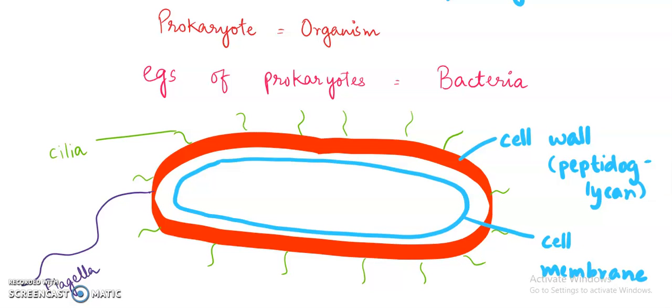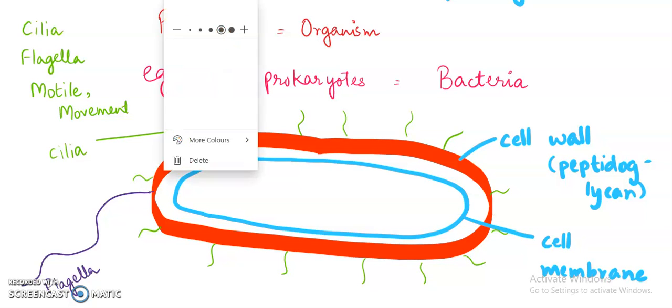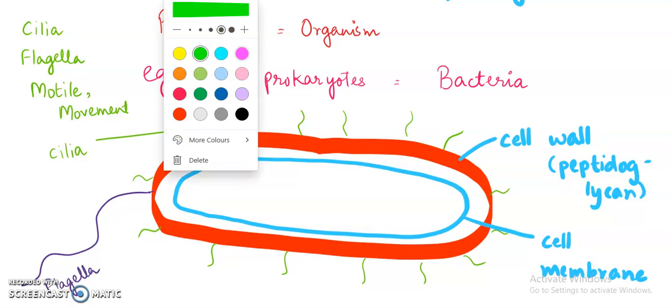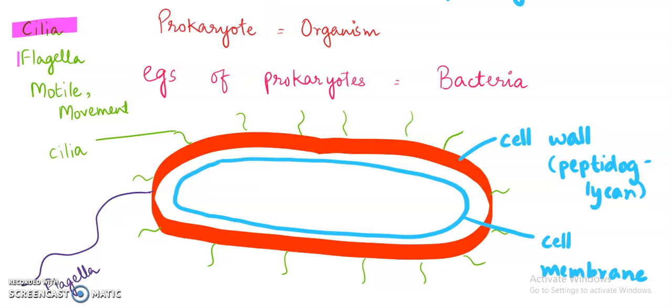Remember, it is very important to learn here that cilia and flagella, in the case of bacteria, they help in making the bacteria motile, means it can do the movement from one place to another, right? So, cilia and flagella, they both help in the motility, movement or changing the position from one place to another.